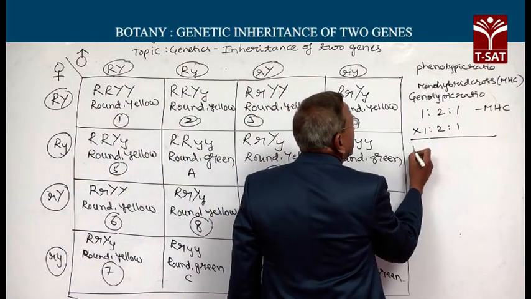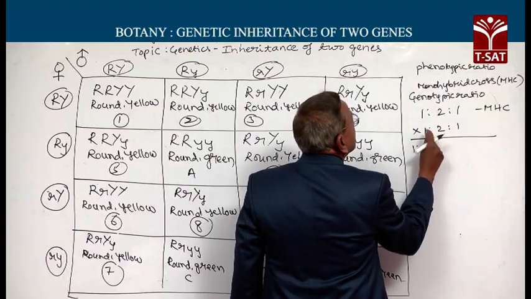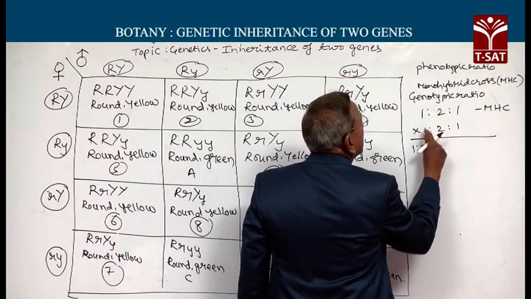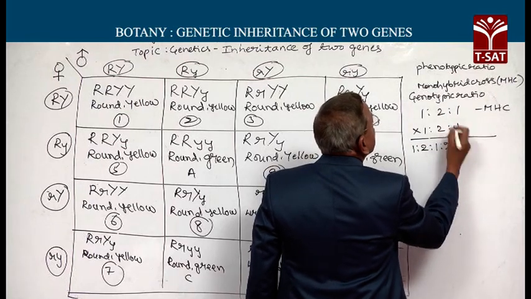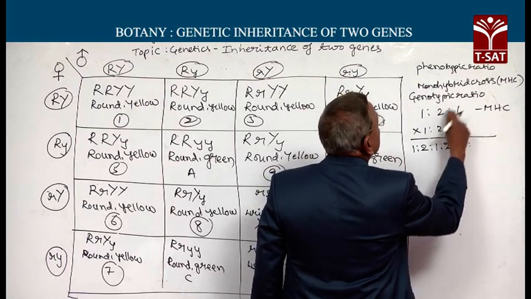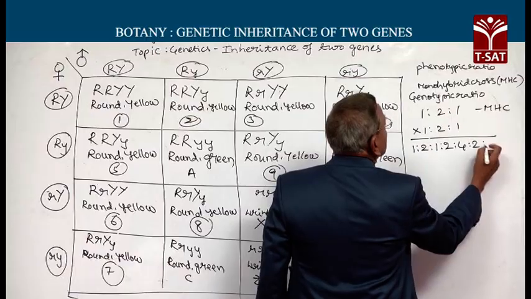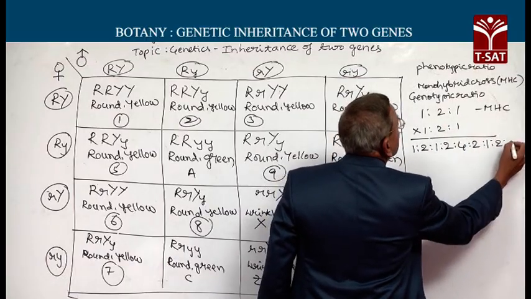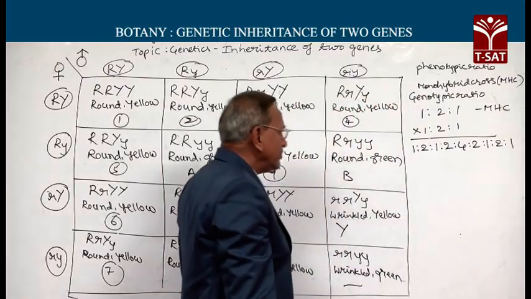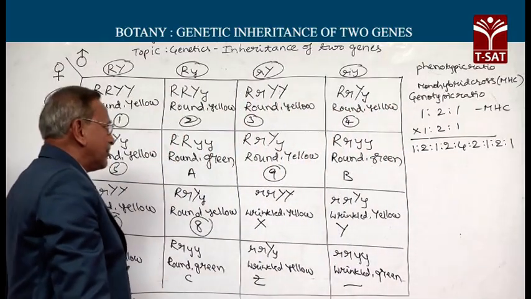The product will be 1 into 1, 1 into 2, 1 into 1, 2 into 1, 2 into 2, 2 into 1, 1 into 1, 2 into 1, 1 into 1. So this is the result obtained.